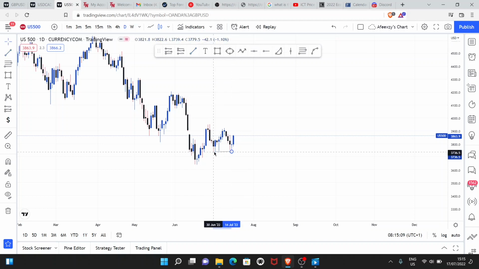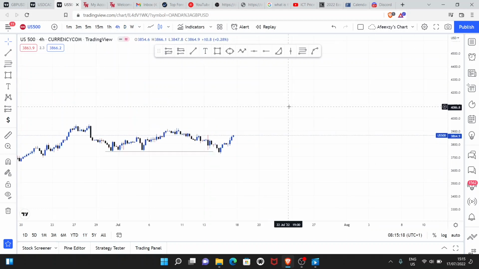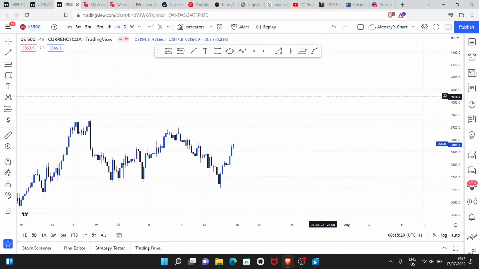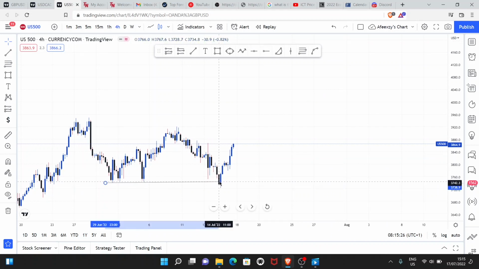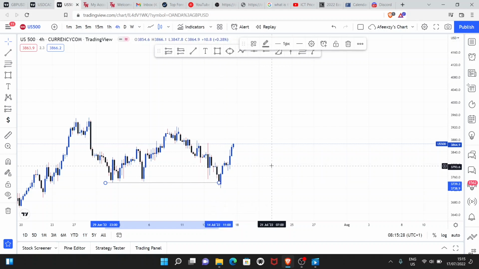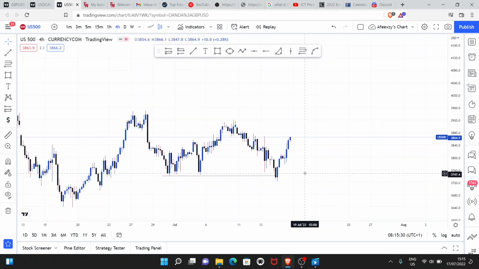Sell side liquidity has been grabbed here. After the grab of liquidity, this is also an equal low, so it grabs the liquidity of the lows.